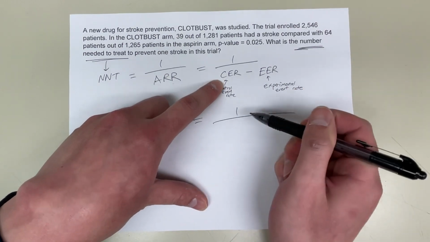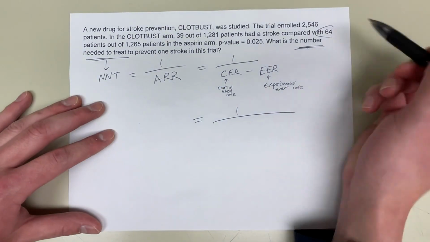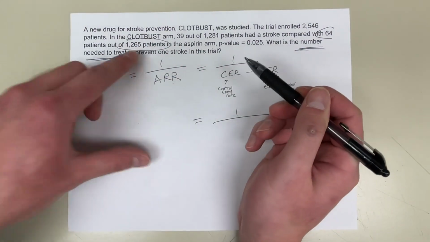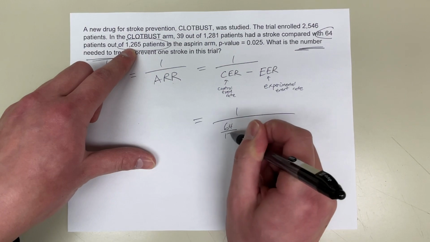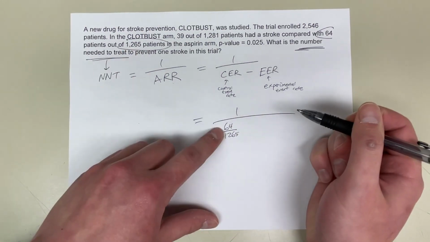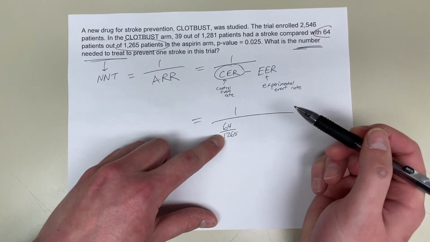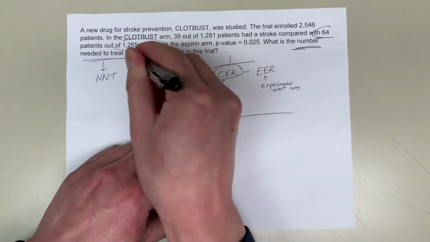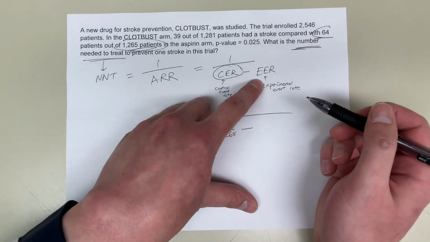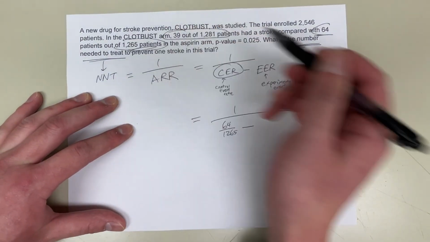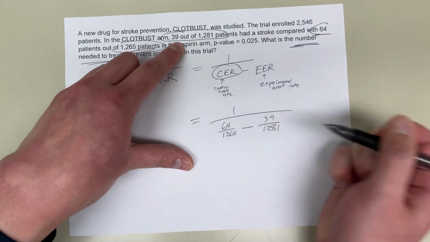So the CER, the control event rate, is 64 out of 1,265 patients. And then subtract that by the experimental event rate, which is here, 39 out of 1,281.